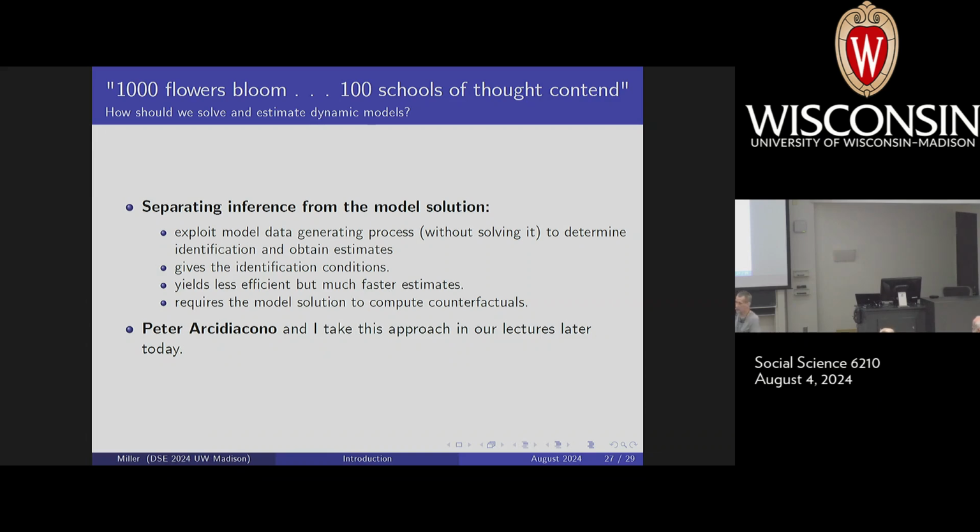That gives identification conditions in general, not identification in the sense of what can you get out of this model with this data? Less efficient, but faster estimates. And it requires the model solution to compute counterfactuals. Natural question to ask is, well, what if you're going to compute the model anyway? Well, why don't we just do an estimation? The question, of course, is how many times?